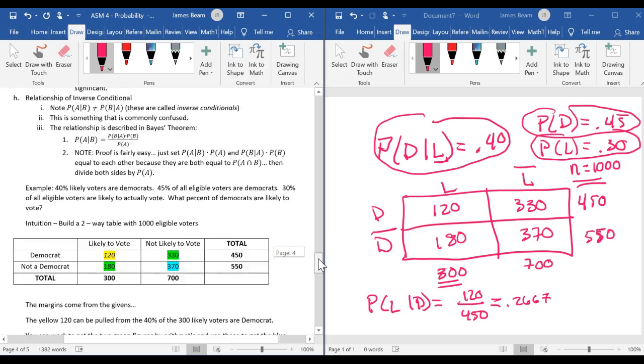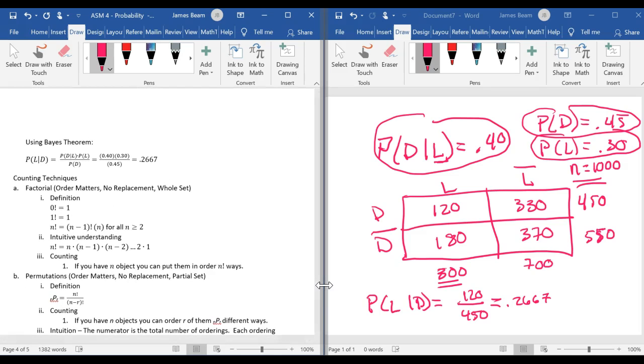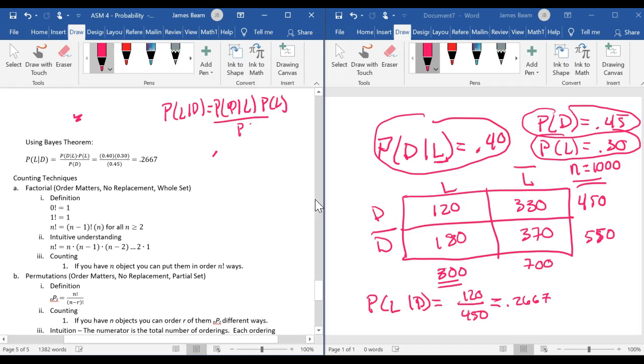Now, let's play this off of Bayes' theorem, right? So I'll scroll up here a little bit. If you think about Bayes' theorem, it tells me that the probability of L given D should be equal to the probability of D given L times the probability of L, over the probability of D, which we know is 0.40 times 0.30 over 0.45, right?